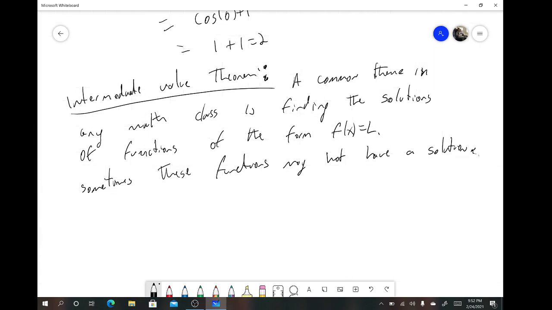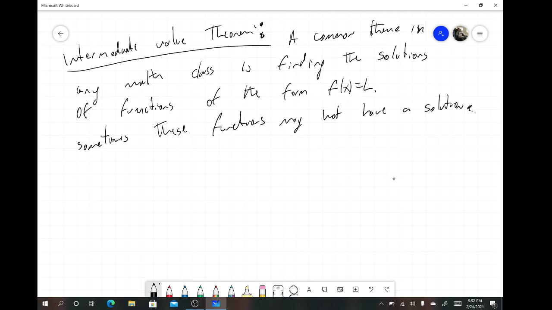An example of this is when you attempt to use the quadratic formula on a quadratic that looks like this. Let's say the center is this particular point, point 1, 2. So we have this particular parabola, and we're trying to find out what the zeros of this parabola are.